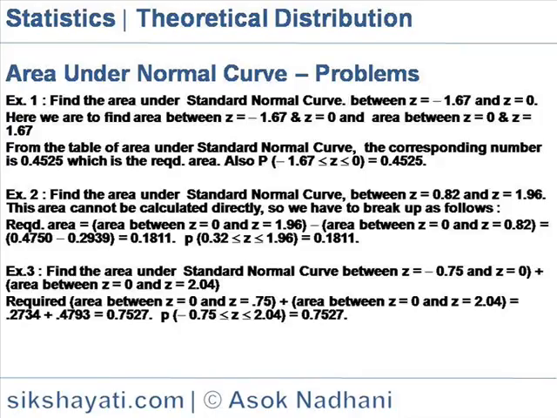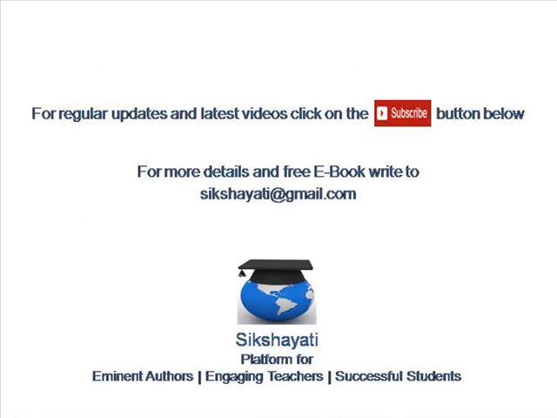So P minus 0.75 less or equal to z less or equal to 2.04 is equal to 0.7527.